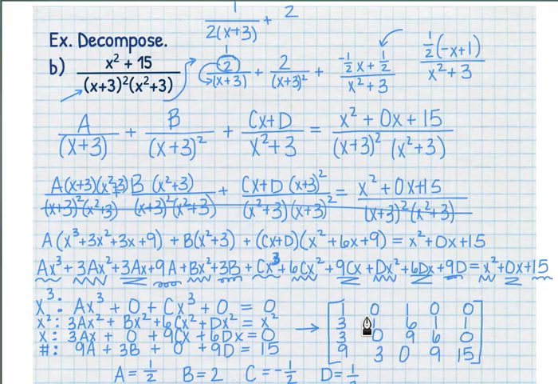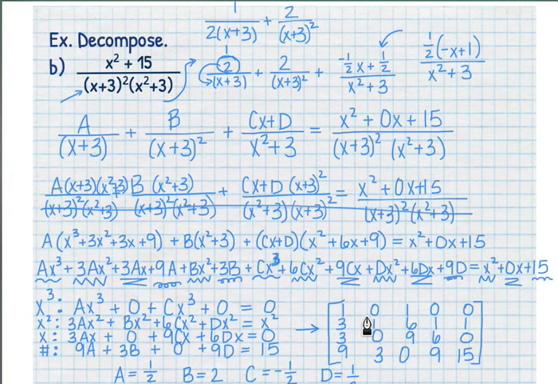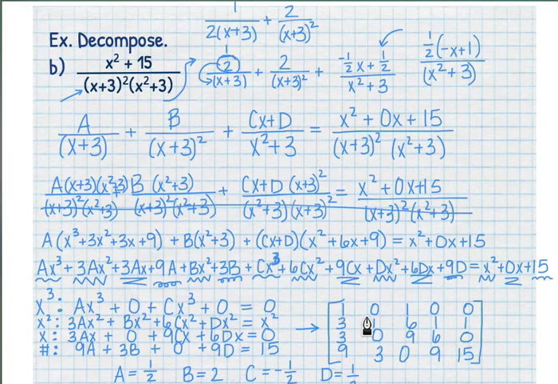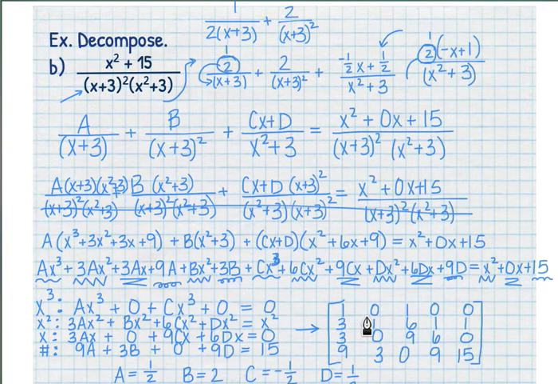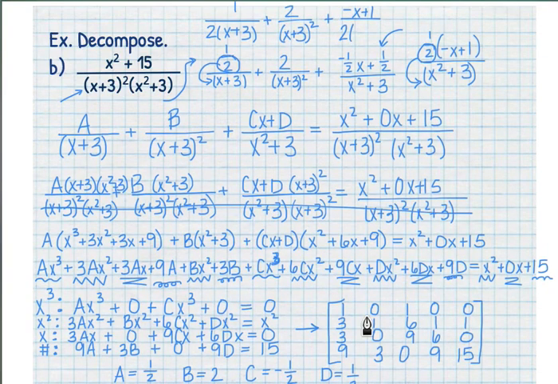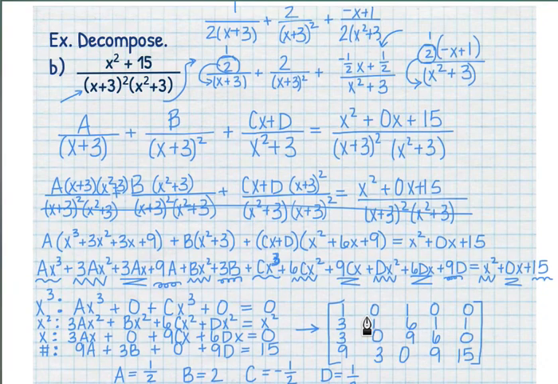That 2 over x plus 3 squared doesn't need to change. We factored a 1/2 out of that negative 1/2 x plus 1/2, and we can do the same thing, bring the 2 down to our denominator. So we still have our negative x plus 1 in the numerator, but now we have a 2 in front of our x squared plus 3.